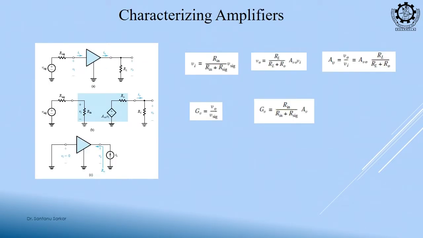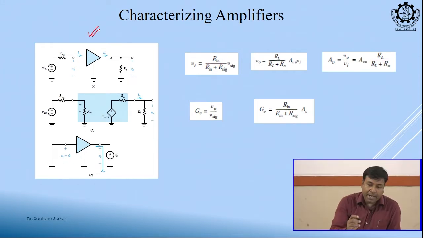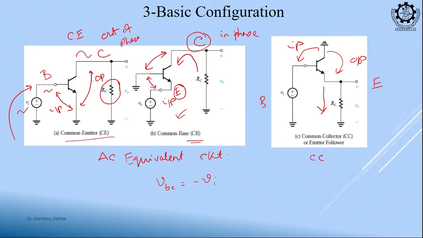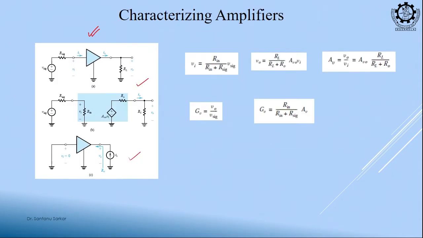So, this is what we did in the first chapter, right. That is a model or symbol of an amplifier. This is a 2-port network and this is how we figure out the output impedance. Okay. So, all of this amplifier you can make a symbol like this, or you can replace this with a 2-port network like this.